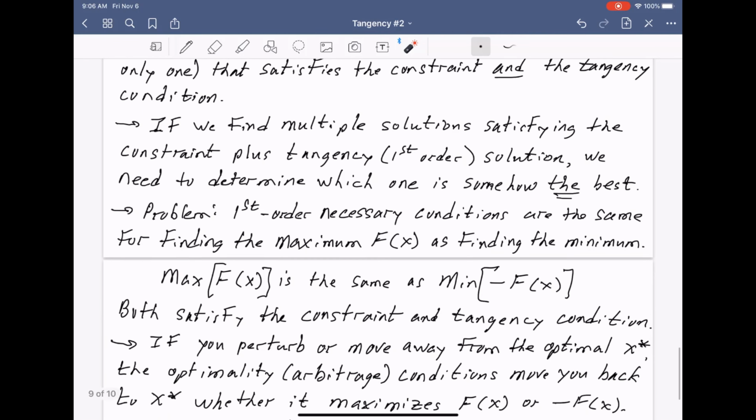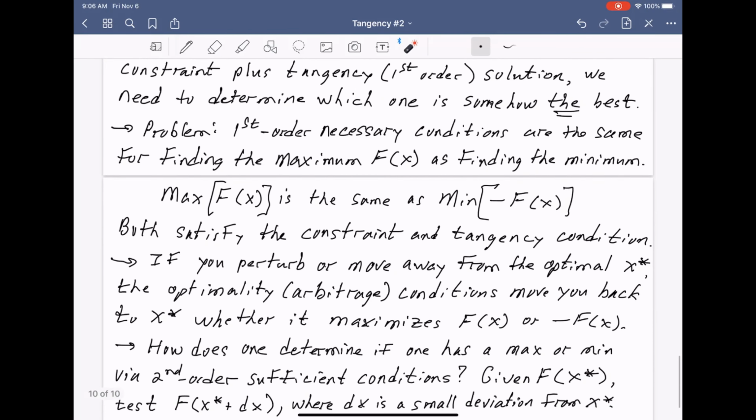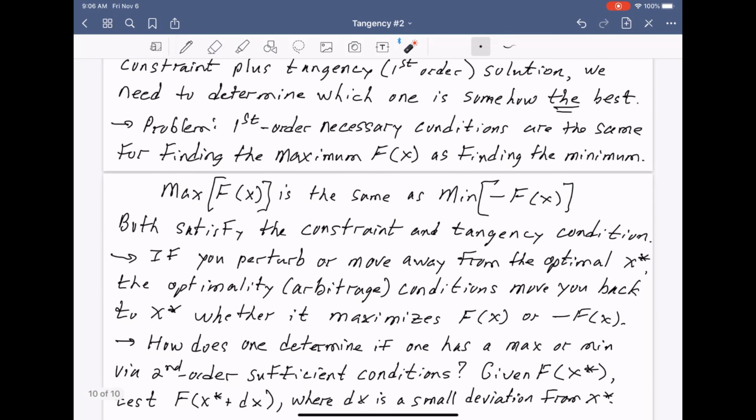But it's important to recall that maximizing the value of the objective function is the same as minimizing the value of the negative of the objective function. And we will use this later on when we're talking about programming.